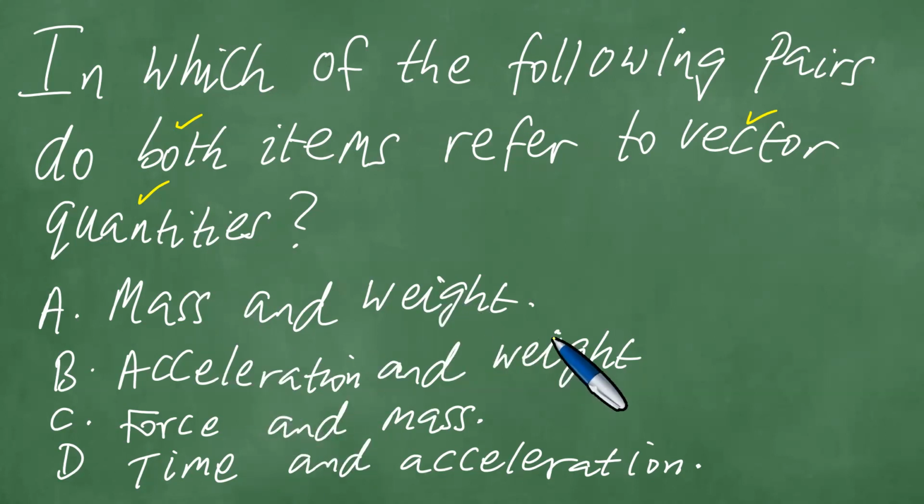Acceleration is a vector and weight is a vector. Force is a vector quantity and mass is a scalar, time is a scalar, and this is a vector. So if I look at both vectors, then we are convinced that the correct option is B, acceleration and weight. Okay, next question.